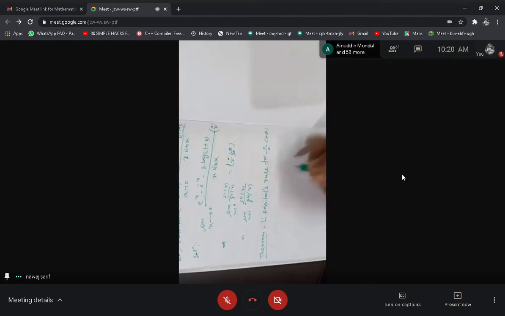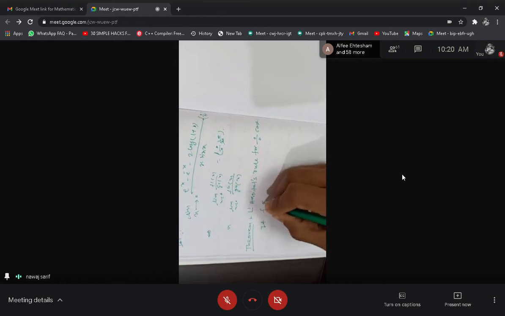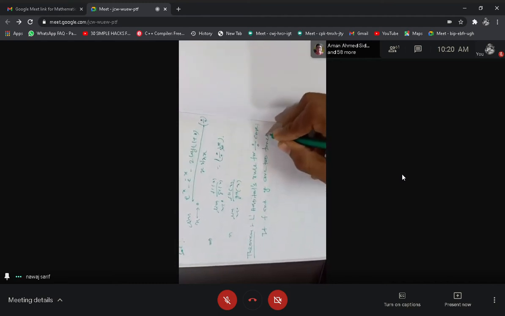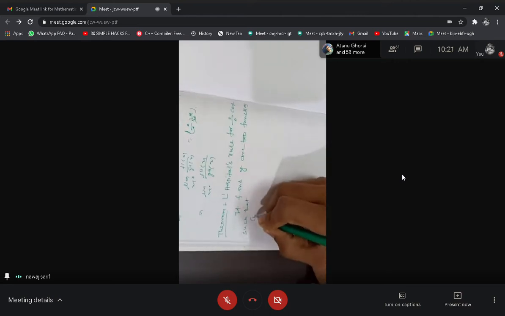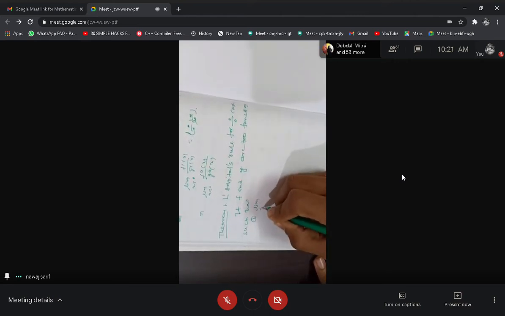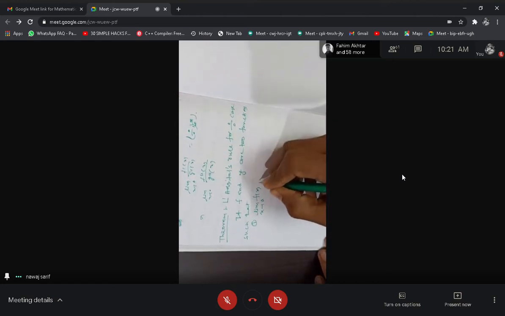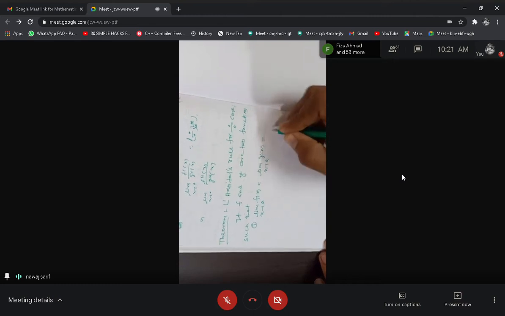If f and g are two functions such that, number one, the limit as x tends to a of f(x) equals the limit as x tends to a of g(x), what will it be?